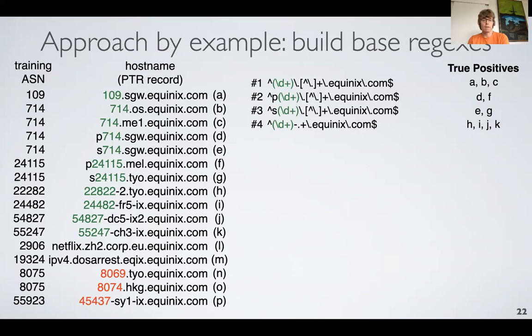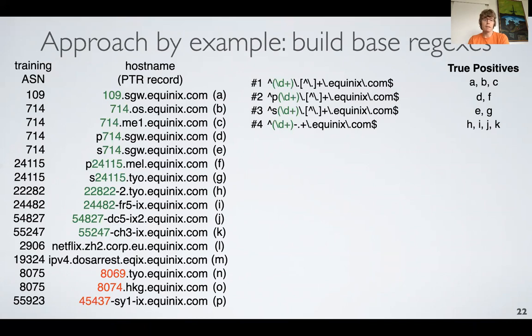In the first phase, we build base regular expressions, and these are generally built around structure and punctuation. They do not look at the character classes between the punctuation. They just broadly identify where punctuation is expressed in a hostname string.